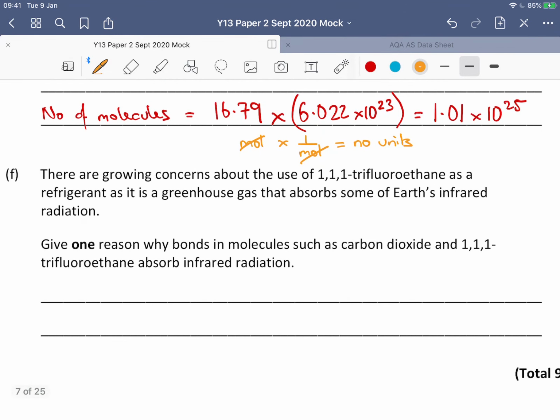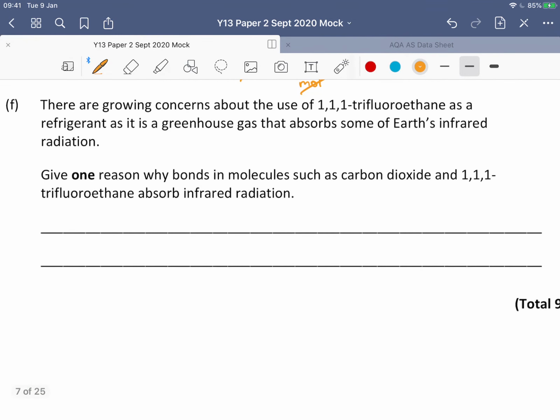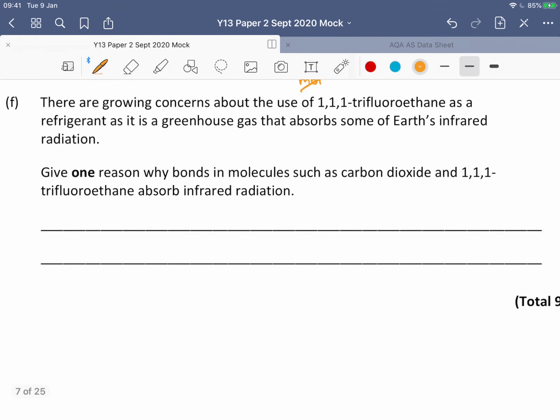And then the final part of this question: there are growing concerns about the use of 1,1,1-trifluoroethane as a refrigerant, as it is a greenhouse gas that absorbs some of the Earth's infrared radiation. Give one reason, so there's obviously more than one that we could perhaps give, why bonds in molecules such as carbon dioxide and trifluoroethane absorb infrared radiation.